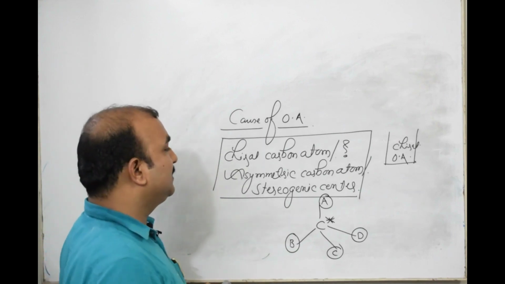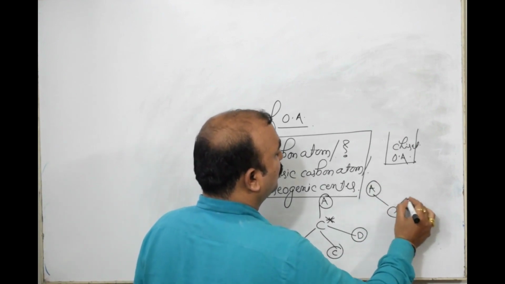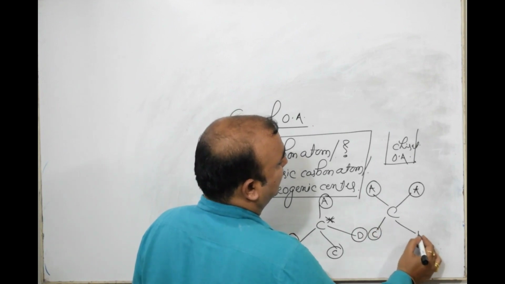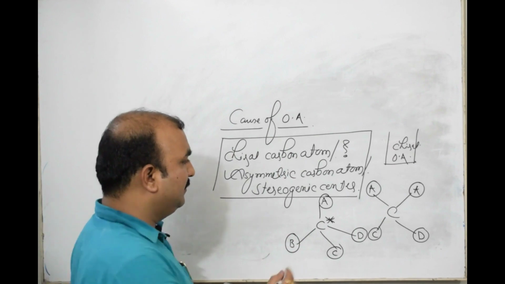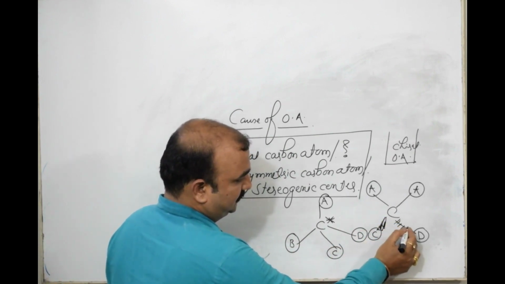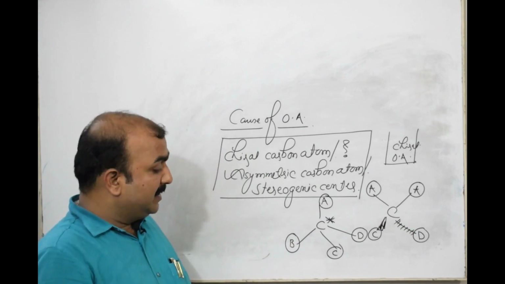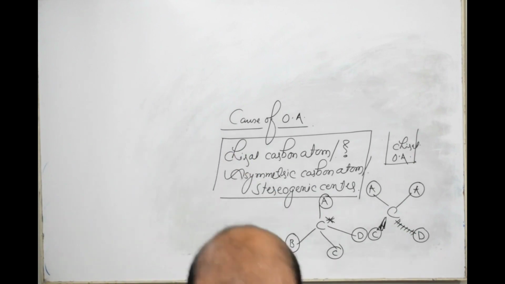Now you may ask me, sir, what will happen if 2 groups are the same and the other groups are different? We cannot call it a chiral carbon atom. I have written it a little like this because we did it in our previous lecture. See, if 2 groups are the same, what is going to happen?